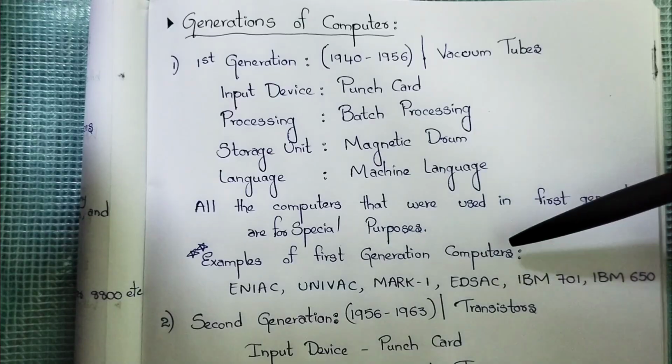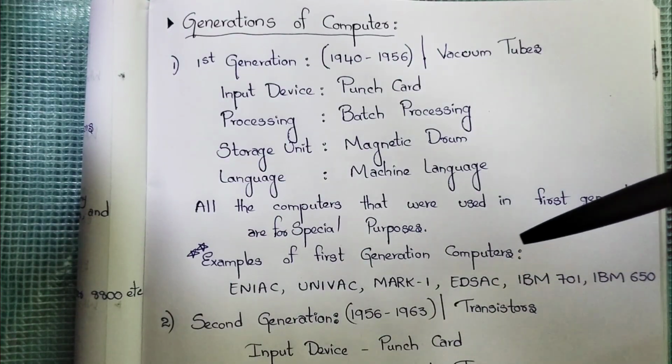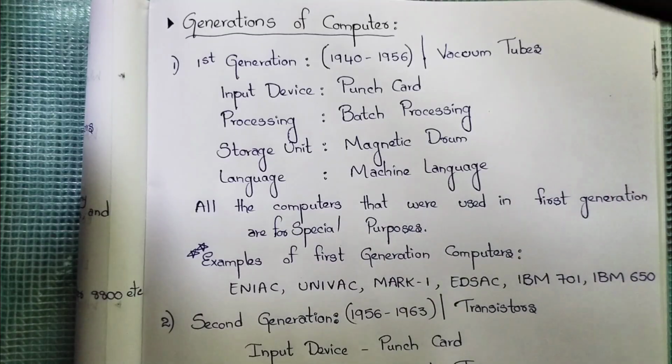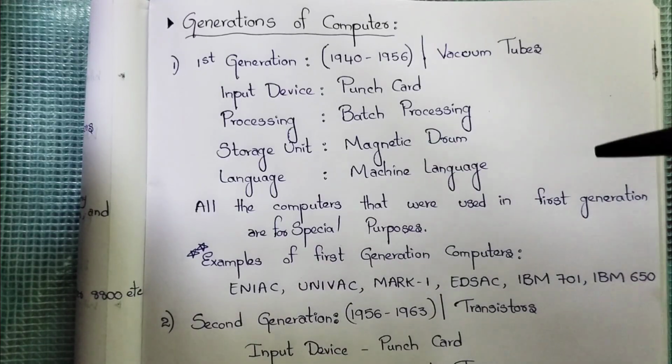Examples of first generation computers. This is very, very important. The generations of computers is itself an important topic where you can expect at least one question in every exam.